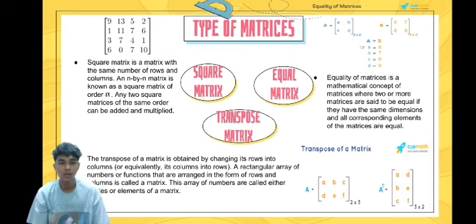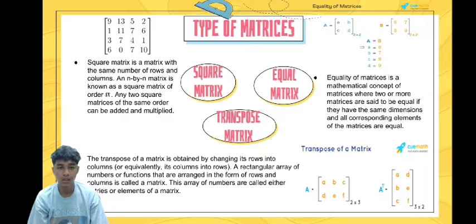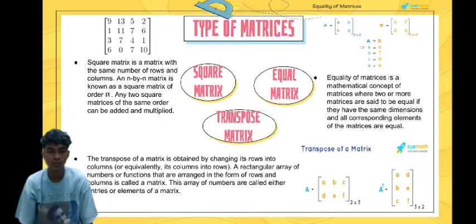Now let's move on to type of matrix. A square matrix is a matrix with the same number of rows and columns. An n by n matrix is known as a square matrix of order n. Any two square matrices of the same order can be added and multiplied.